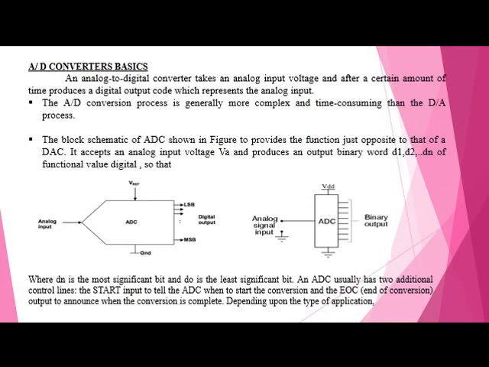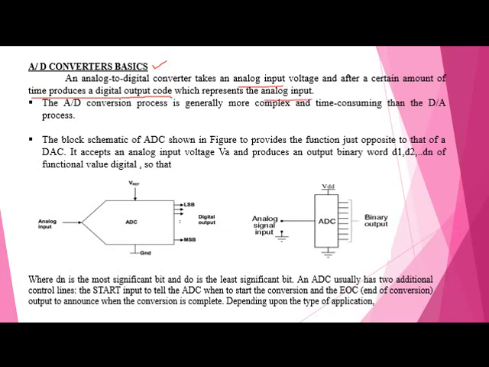After completion of digital to analog conversion, now we look at basic analog to digital conversion. An analog to digital converter takes the analog input voltage and after a certain amount of time produces a digital output code representing the analog input.